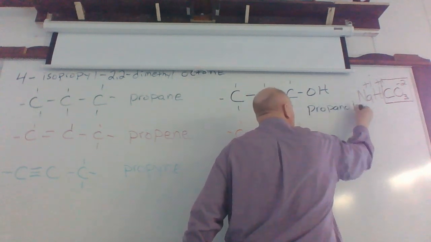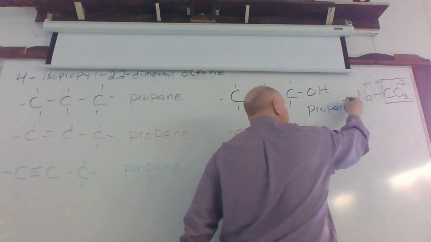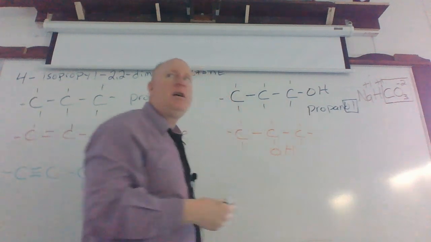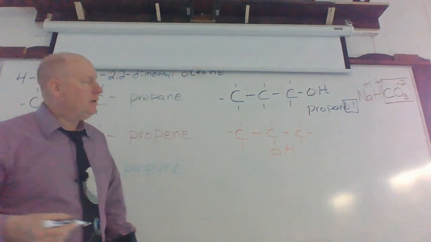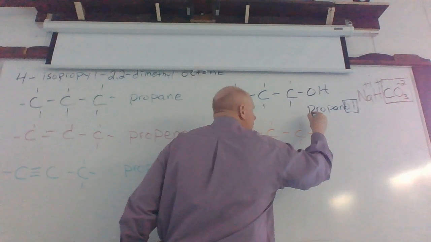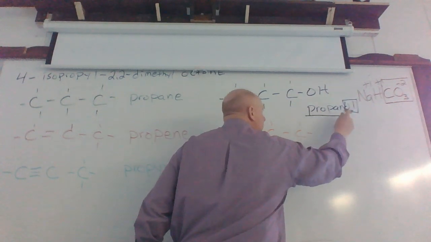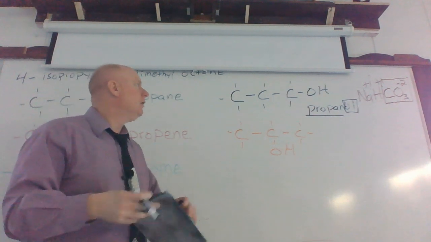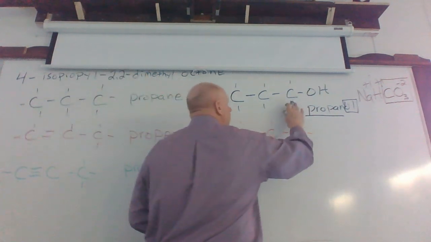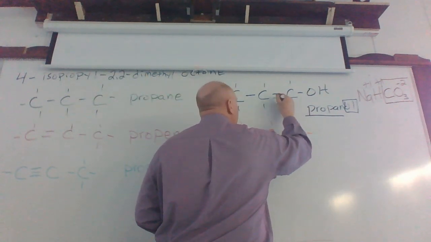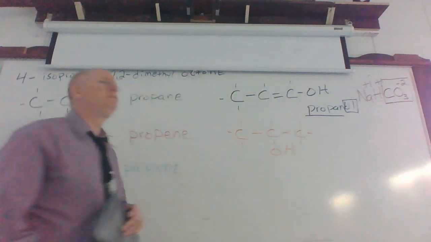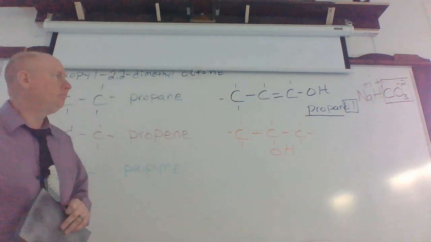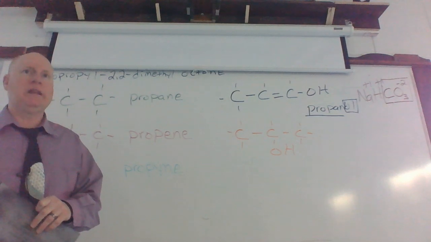Okay? And this is why. Here's your organic family, OL. That means there's an alcohol. And this tells you how many carbons are in that alcohol chain. 3. Yes, there is.